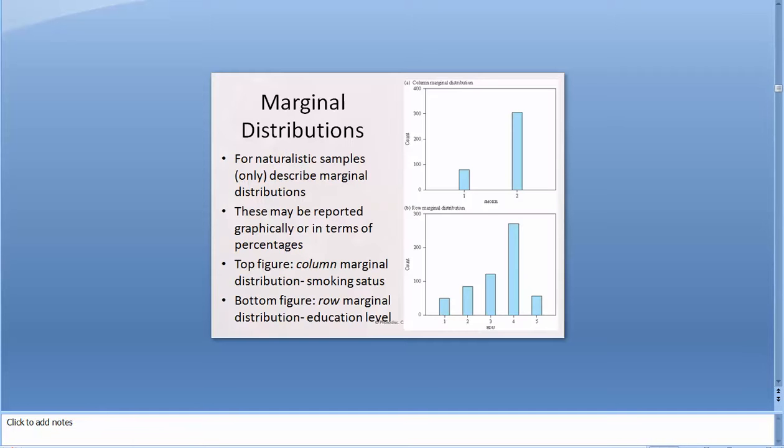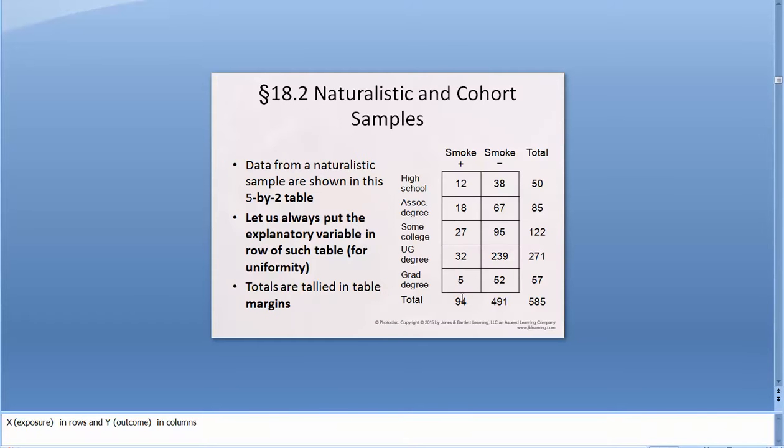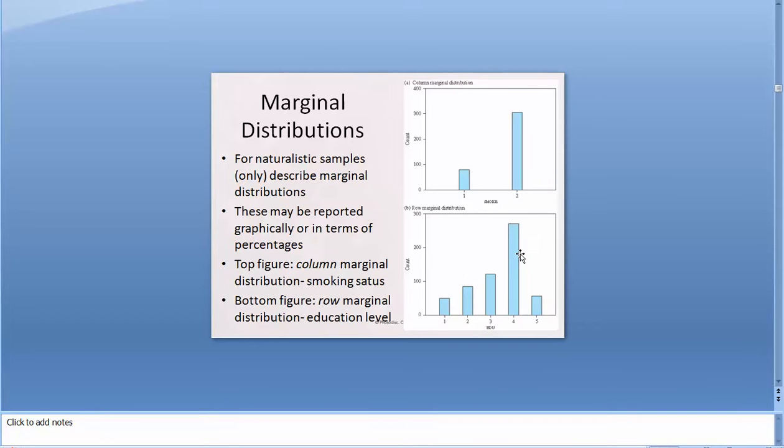And then once you do a study, if you want to be a little bit descriptive, it's a good idea to get the column totals and the row totals, and then based on these numbers you can do a histogram describing the education status, and then using these two you can do another histogram describing the smoking status. You can compare how many are smoking versus how many are not. So that's what these two histograms are telling.